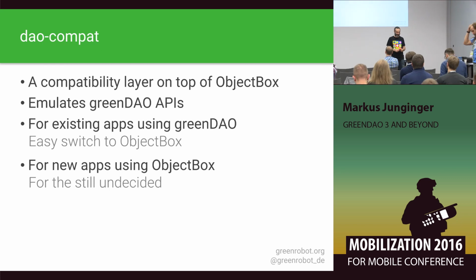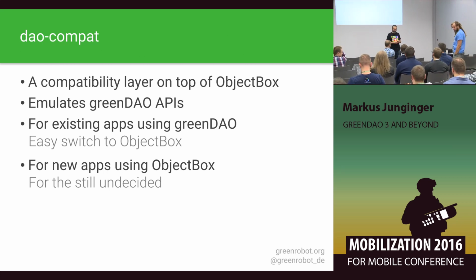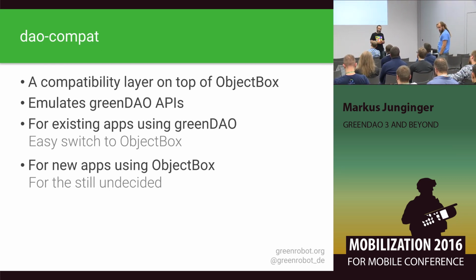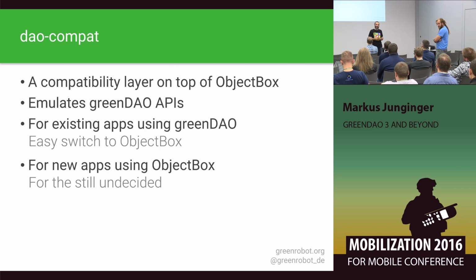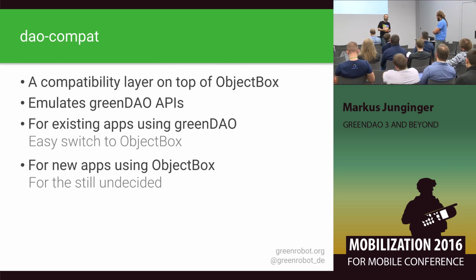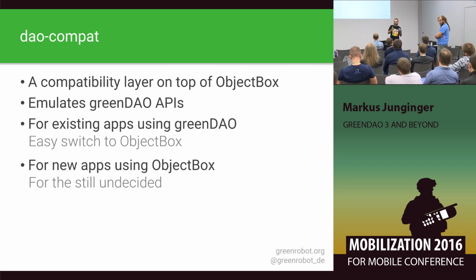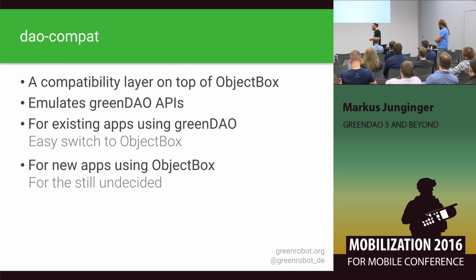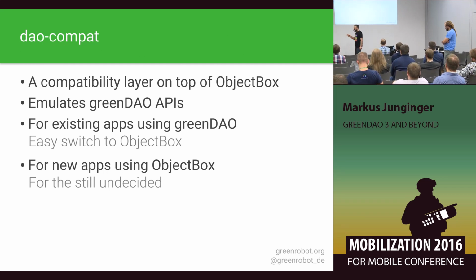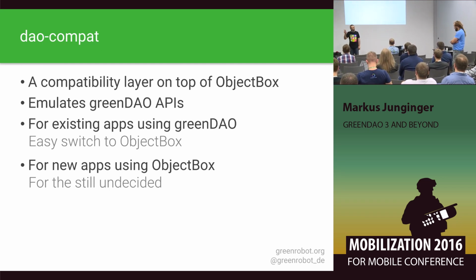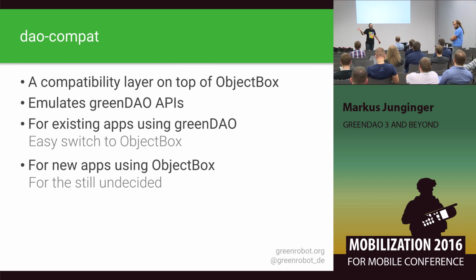Actually, I have a question because you present ObjectBox as a different version of storing data, a different version of greenDAO. Can we use the same annotations which we used for greenDAO in ObjectBox as well? Yeah, pretty much the same. There are some differences, but for example, I think it's column name, and there are no columns in ObjectBox, so it's maybe DB name, but the basic annotations are the same.